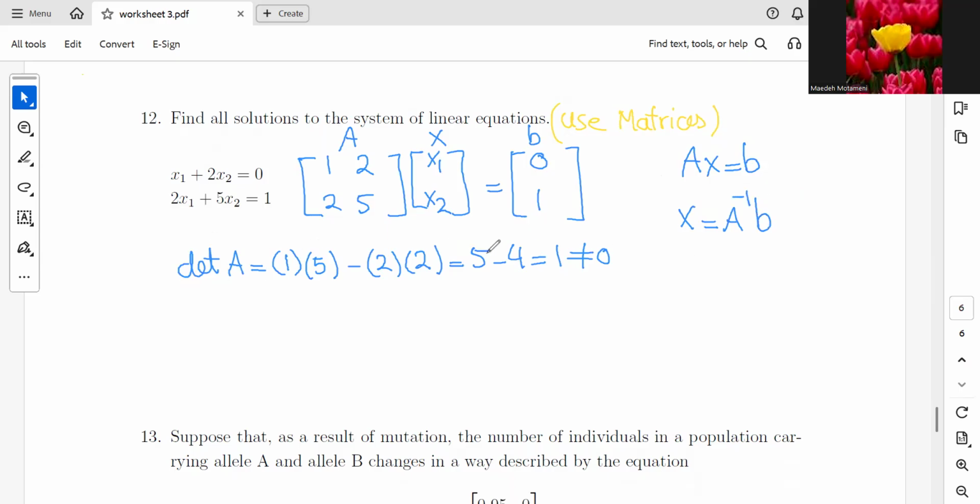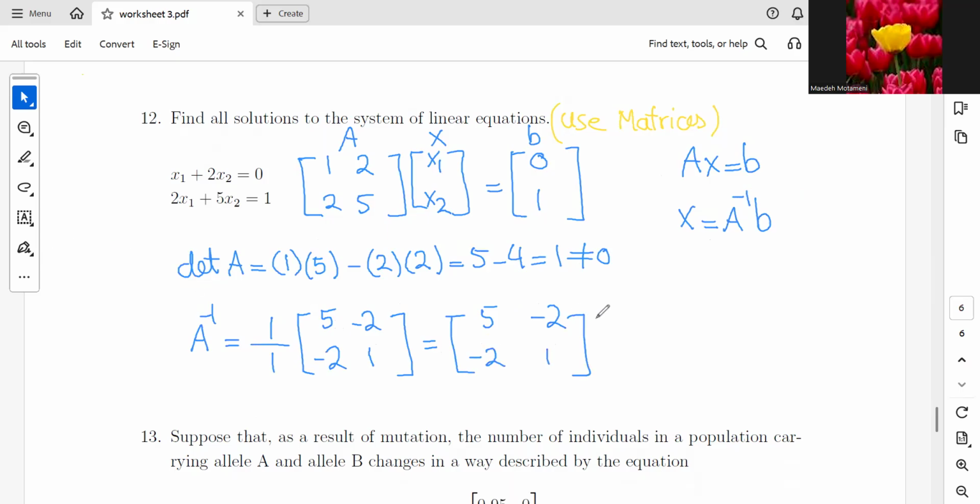Since determinant of A is not 0, we can find A inverse. According to the formula, that would be 1 over determinant, which is 1 here, and you would change the position of 5 and 1, and you would write the opposite of others. It means that the inverse would be this matrix.